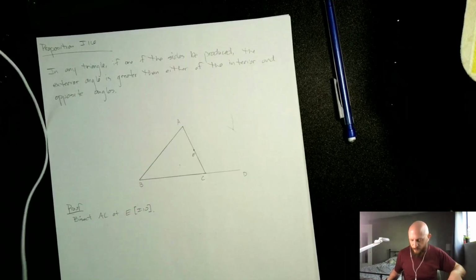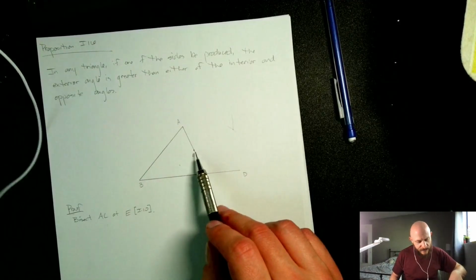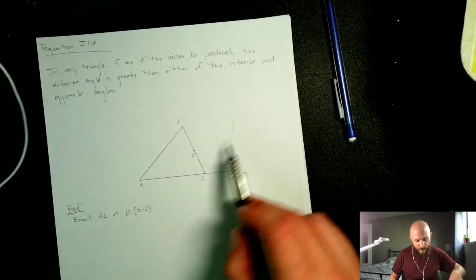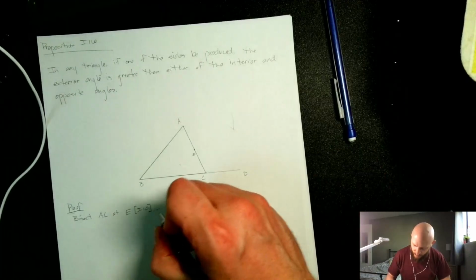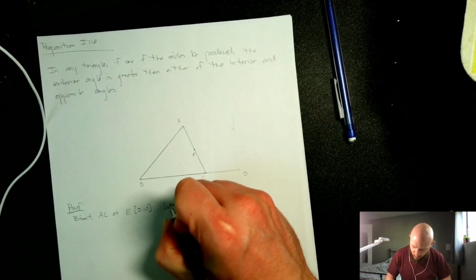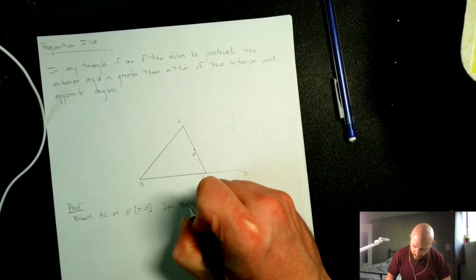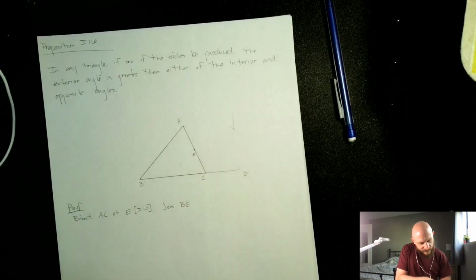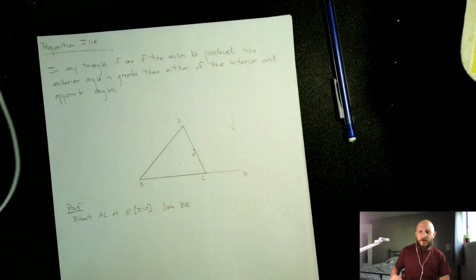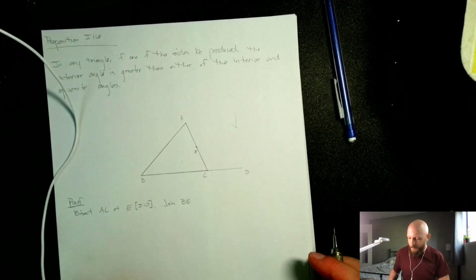And then next, we're going to join BE and produce it to F such that EF equals BE. Joining BE would be postulate 1, though it's not justified in here.